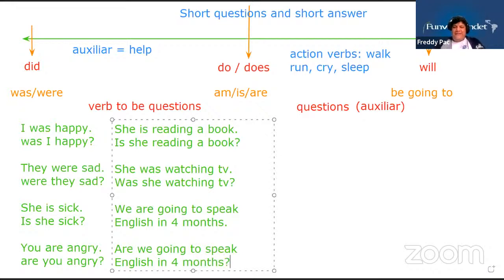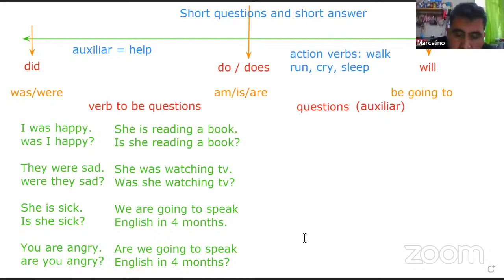And you see, very simple. We transform this question in future. Are we going to speak English in 4 months? Because now it is a question for you guys. Yes, teacher. We are going to speak English in 4 months.